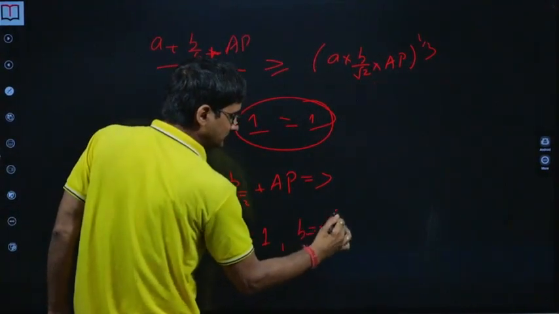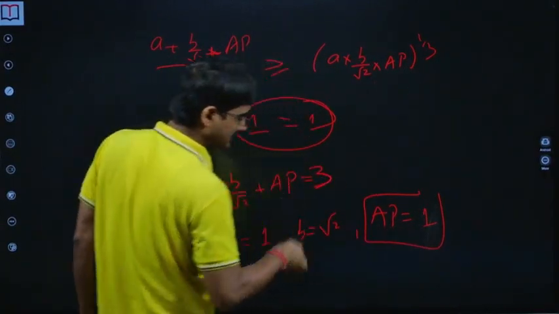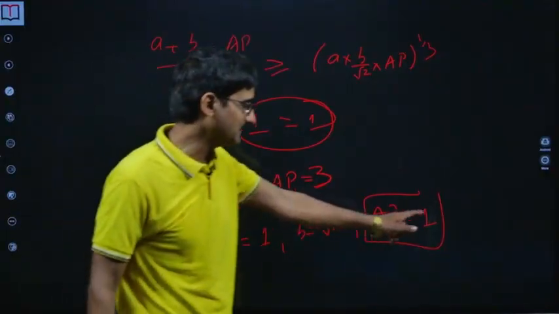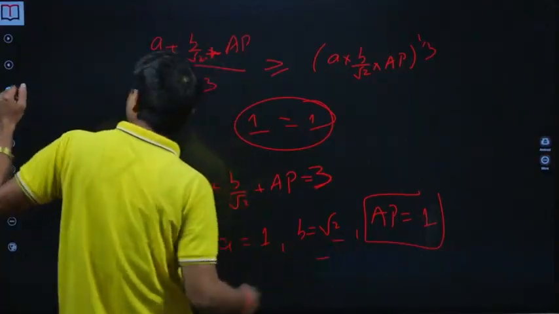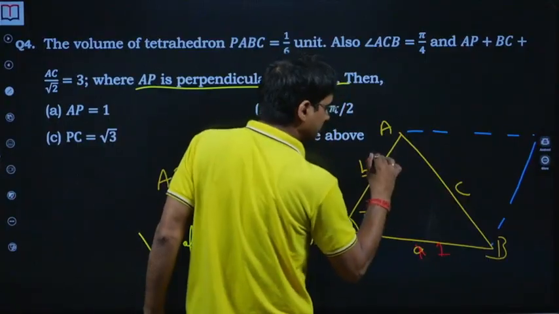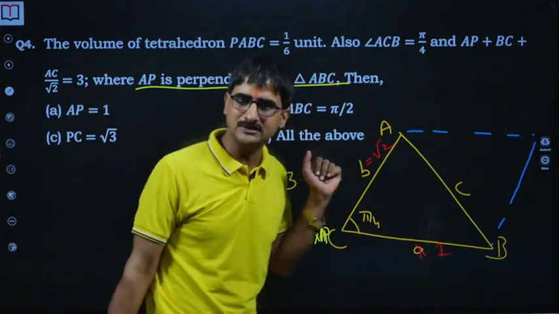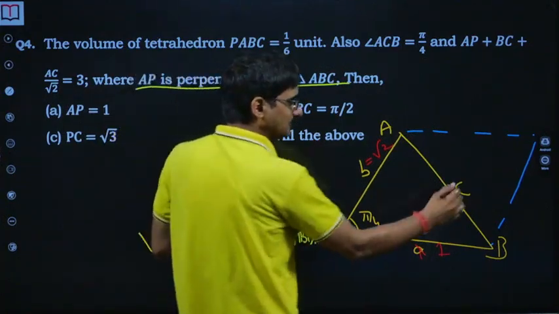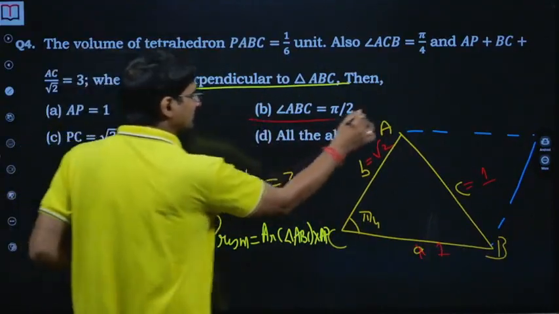B is √2. Acha, that's why I might have had this in the back of my mind, that I would have got AP as 1. That's why I used it earlier. Okay, directly. Now see, A is 1, B is √2. Then if you go for the cosine rule, you can find C, and I believe you will get this as C. Because I remember that this angle is also pi/2.